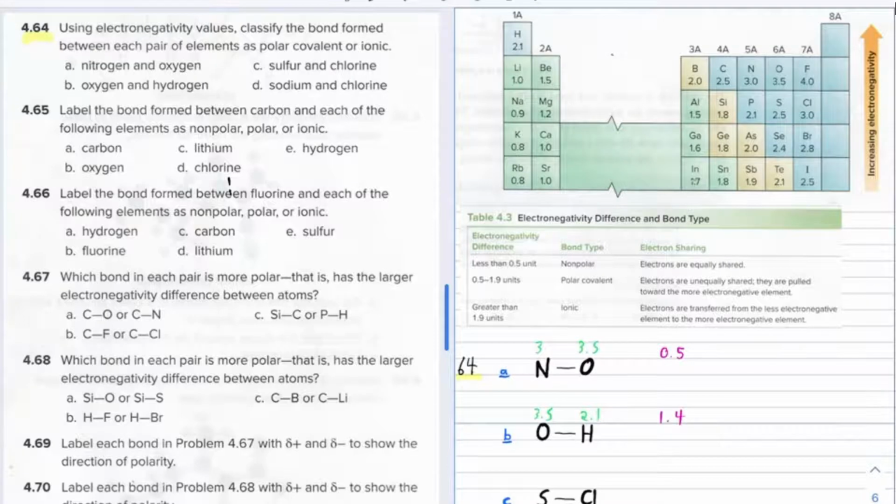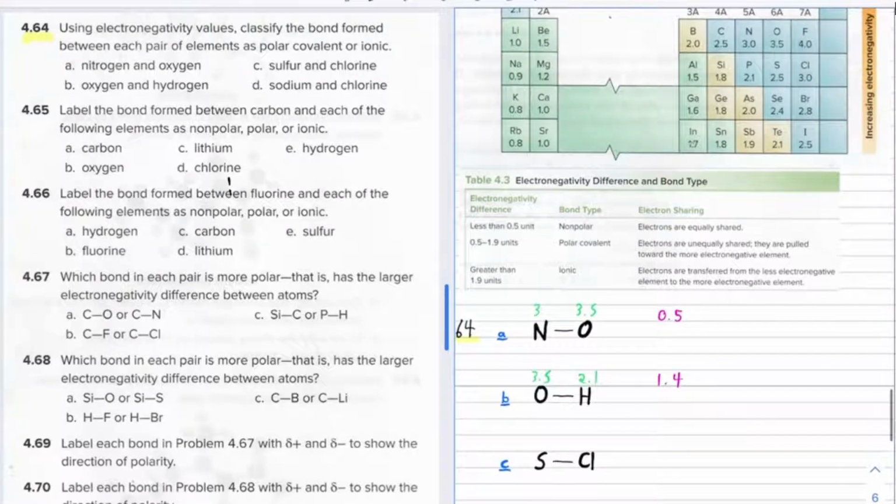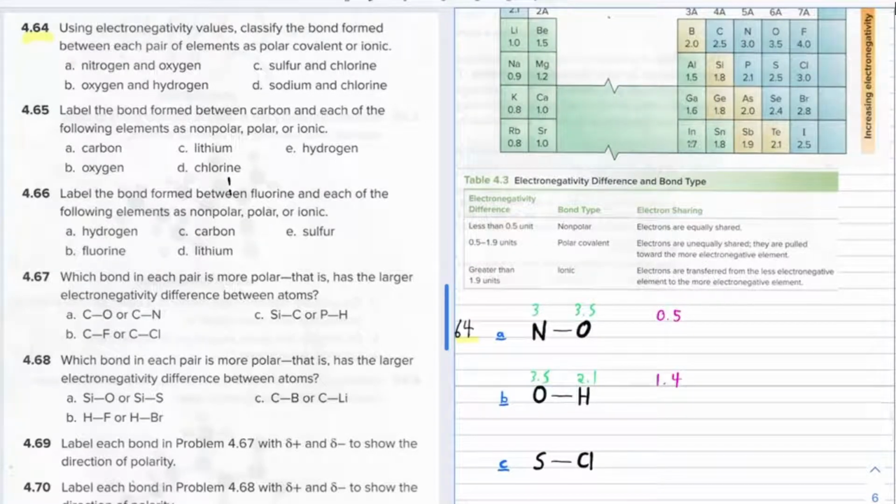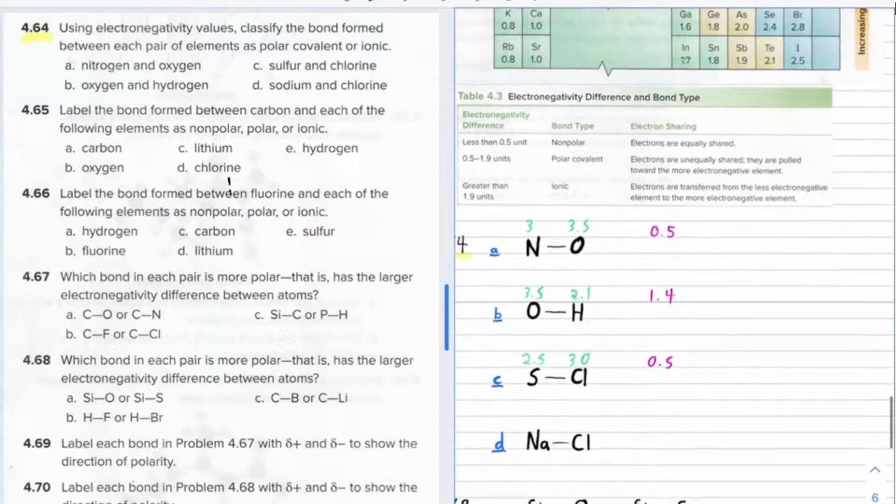1.4. And then let's do sulfur and chlorine. Sulfur is 2.5, chlorine's 3.0. So 2.5 and 3.0, a difference of 0.5 again. And then the last one would be sodium and chlorine.